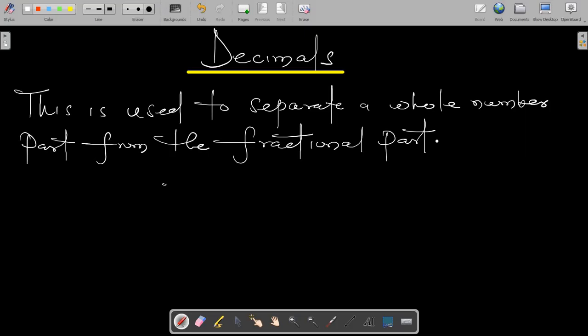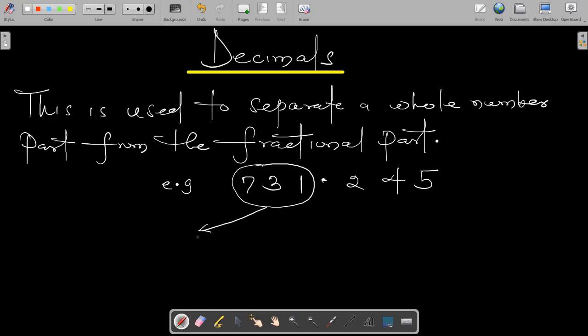So now let's give a typical example, like let me say we have 731.245. Okay, so actually this 731 represents the whole number part.